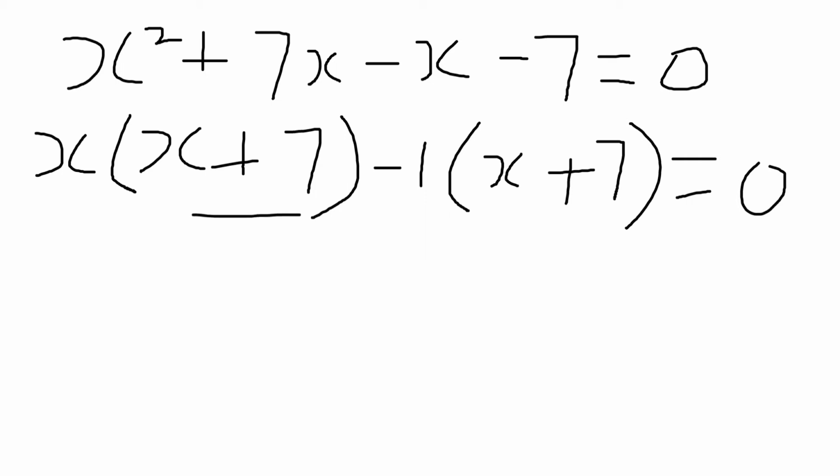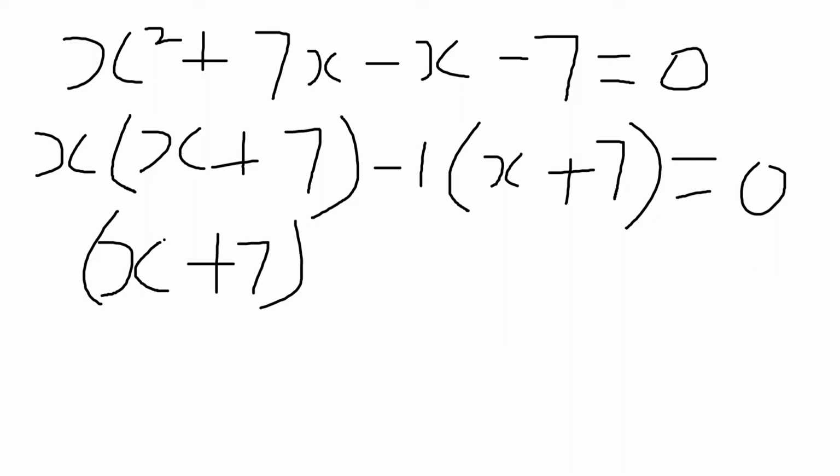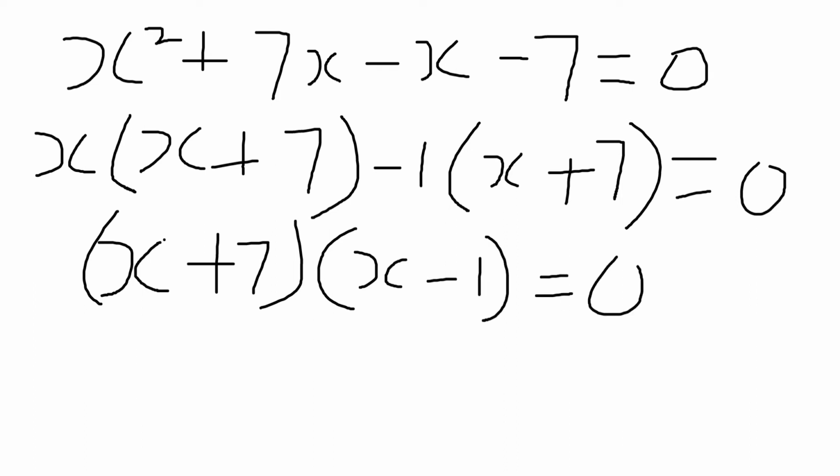So we have the same thing in the two brackets, so we only pick one. Then we have x plus 7, then we pick this x minus 1, so we say this equals 0.